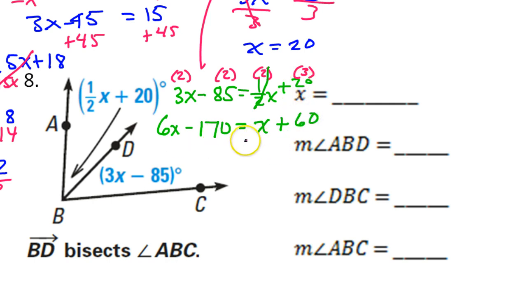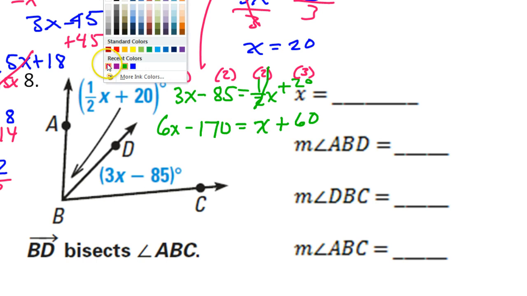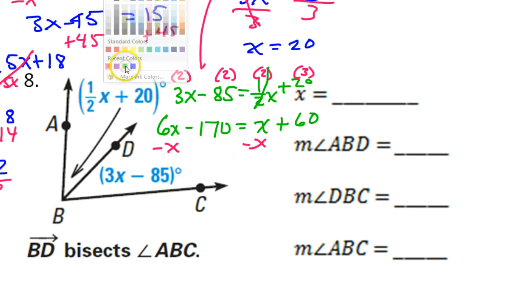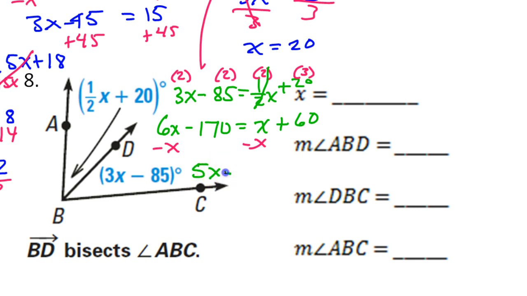Now that there's no more fractions, it will be easier. Since we have x's on both sides, let's get them together by eliminating one of them. So that's going to leave me with 5x minus 170 is equal to 60.